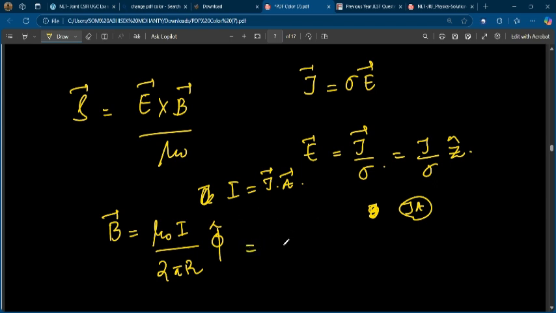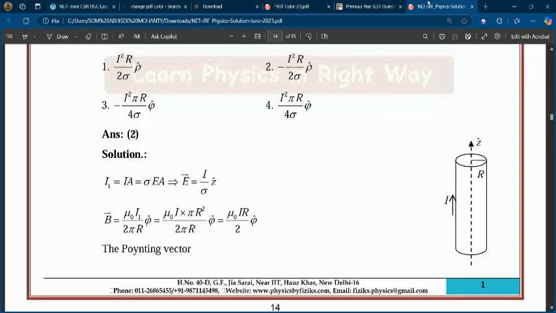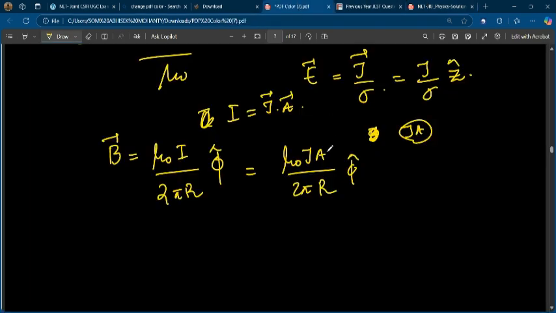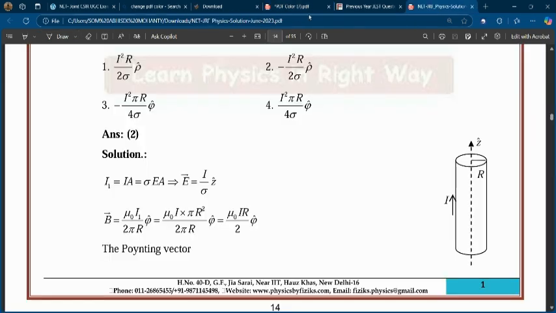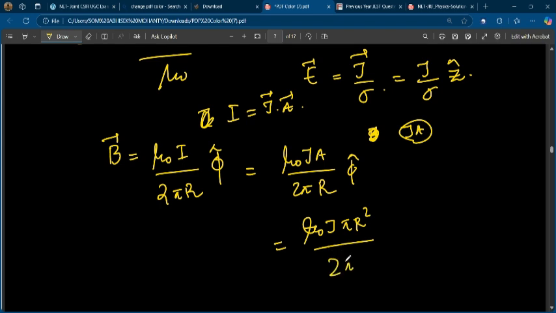So I is your J A, so mu naught J A divided by 2 pi r phi cap. What is area? Area is pi r square. So mu naught J pi r square divided by 2 pi r. The pi cancels out, one r cancels out. So mu naught J r divided by 2 phi cap.